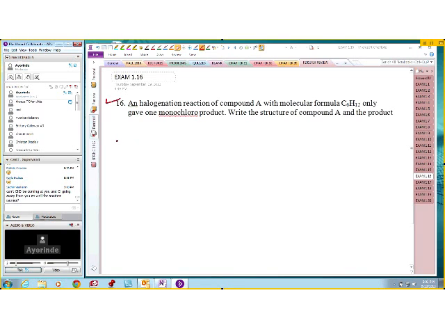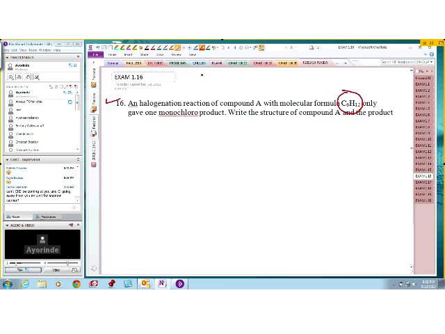A halogenation reaction of compound A with molecular formula C6H12 only gave one monochloro product. Write the structure of compound A and the product. Okay, thank you, very good. So in this case, we are now getting to reactions of alkanes and cycloalkanes. If you take a look at this, the formula that we have here is C6H12.